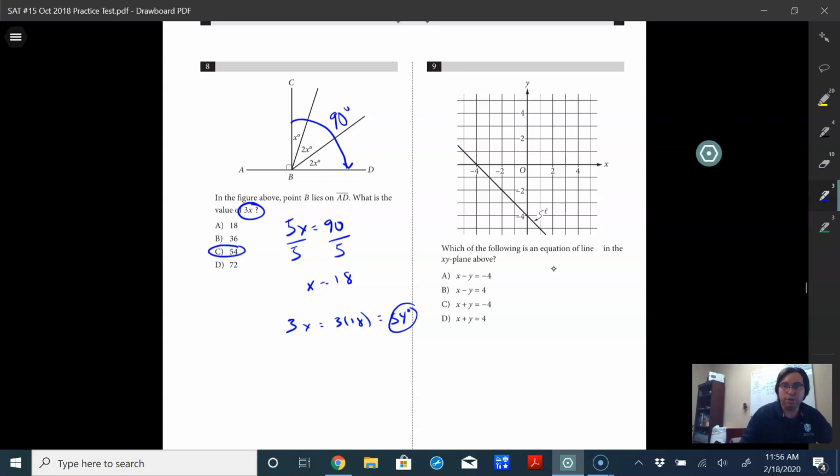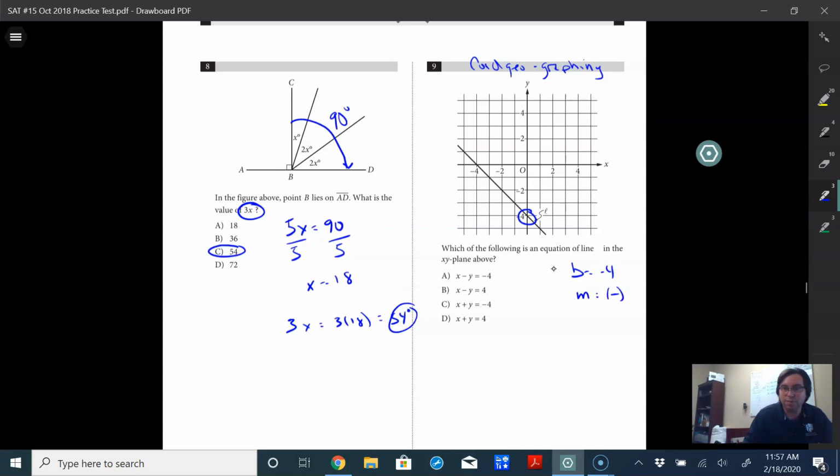All right, let's look at number 9. It says, which of the following is an equation of the line in the xy plane? So this is basically a coordinate geometry graphing question, because we're trying to see how we plot this line and interpret it. Well, we know that they need to be in slope-intercept form, and we have a -4 intercept, so we know that b equals -4, and we also know the slope is negative because of this downward direction.